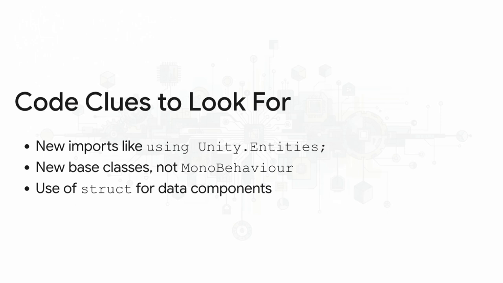Second, look at what the class inherits from. You're used to seeing MonoBehaviour. With ECS, you'll see something totally different, like JobComponentSystem. And finally, look at how the data is stored. ECS loves to use structs where you'd normally see a class. If you see those three signs, you can be pretty sure you found ECS.